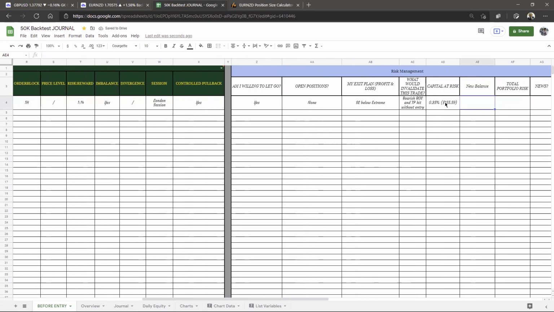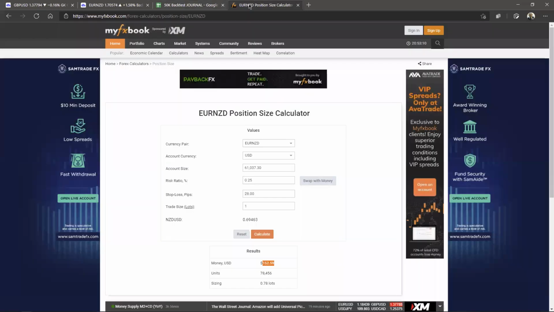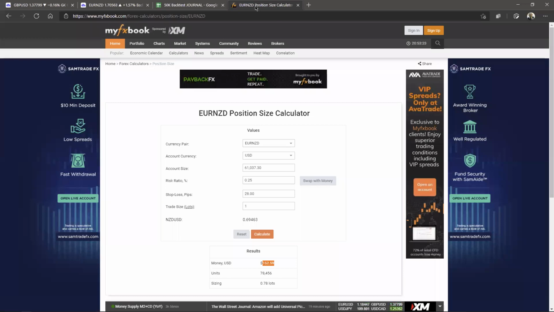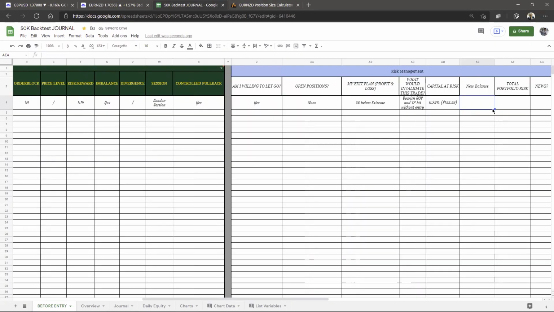The new balance, if this was to get hit, will be 61,037 minus 152.59. The new balance would be 60,884.71. That's the new balance. Total portfolio risk is just 0.25%.